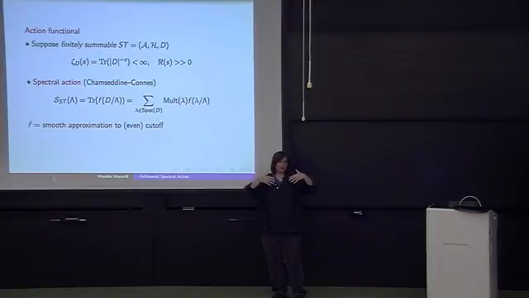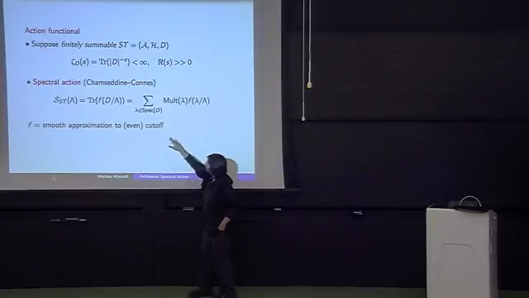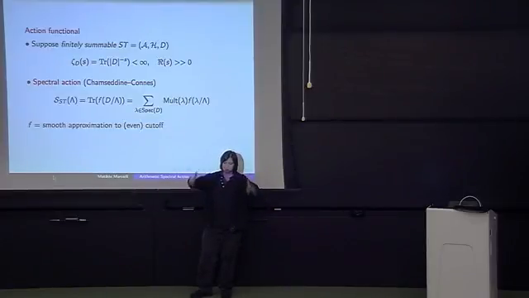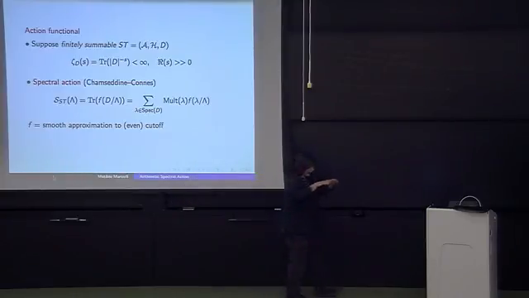That gives you a regularized trace of the Dirac operator, which depends on this cutoff. You can think of the cutoff as some kind of smooth approximation to a cutoff function, and so you're adding up the spectrum of the Dirac operator under this cutoff function.